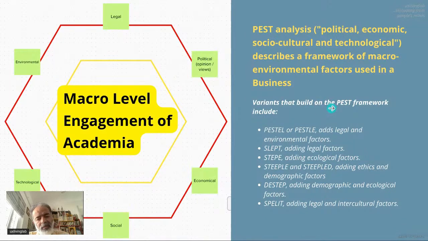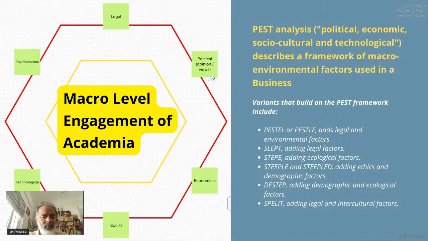Whatever may be the variant you are using, there are different variants like PESTLE, SLEPT, STEP, STEEP, STEEPLE, DESTEP. Okay, there are different variants. You can add some components according to the importance of your business. Anyway, everything is derived from PEST analysis. But I always recommend you to use the PESTLE analysis. That is political.